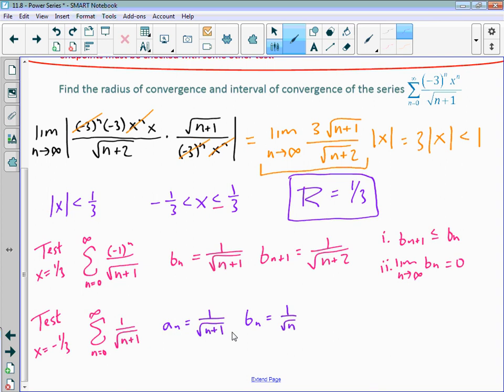So the denominator here is bigger, making a sub n less than or equal to b sub n. Now if I did the series of that one, a p series, our p is equal to 1/2. So what happens if p is 1/2? Diverges. So if the bigger one diverges, does the smaller one have to? No. So that's inconclusive.